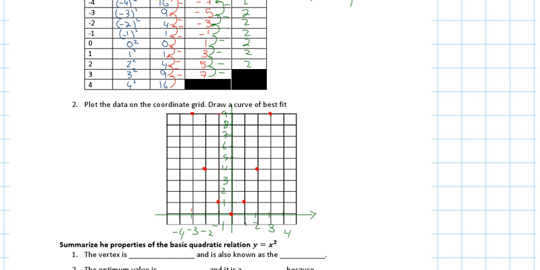So if I'm going to graph this, it's going to be a smooth curve. And I put an arrow because that's going to keep going up. Does this look like a parabola to you? Good. It should. If it doesn't, you've done something wrong.